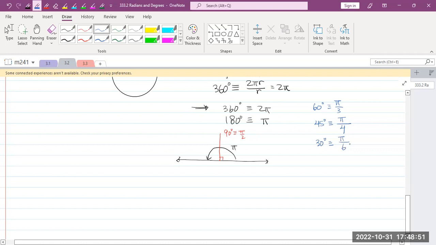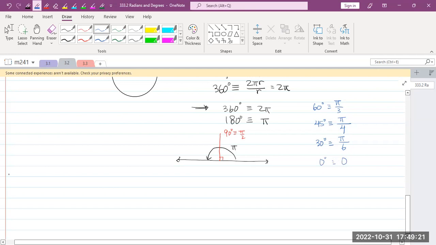Please memorize this. These special angles show up a lot. The earlier you memorize this, the better you will be. Oh, by the way, what is 0 degrees? 0 degrees is 0 radian.